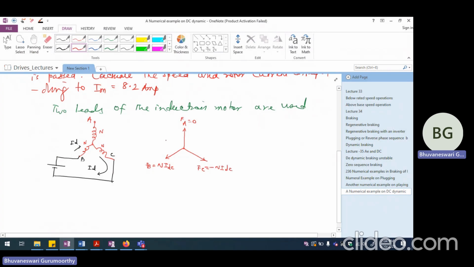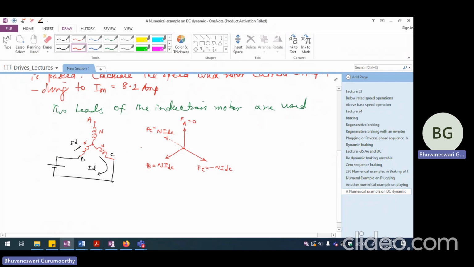So rather than drawing it like this, I have to draw it in the other direction to show this as N times IDC when it is indicated in the reverse sense. So this is going to be FC actually.